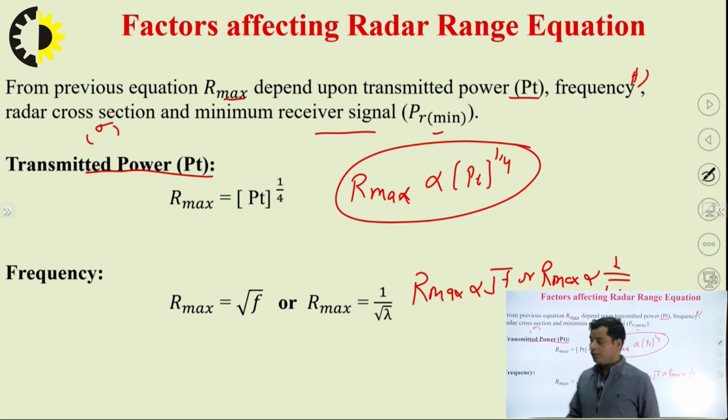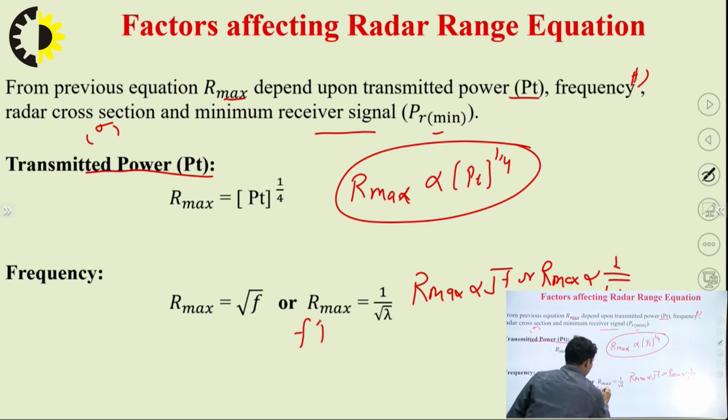That means if we are increasing the frequency, R max will also increase. This is our obvious requirement, that we are able to detect as much distance as possible.